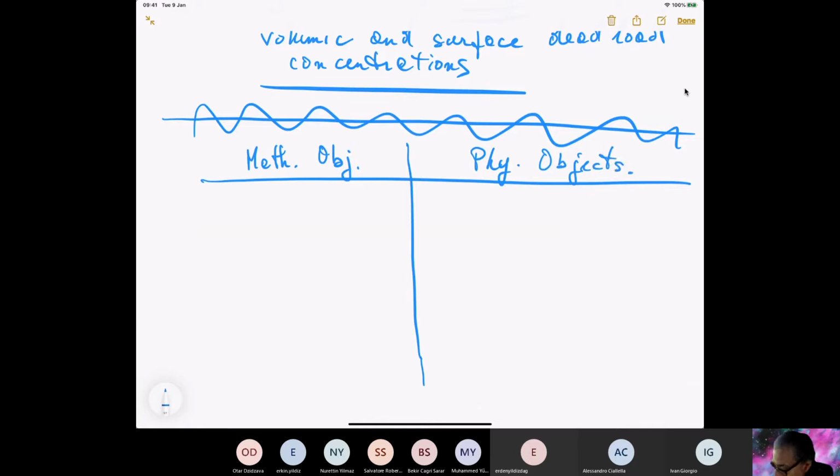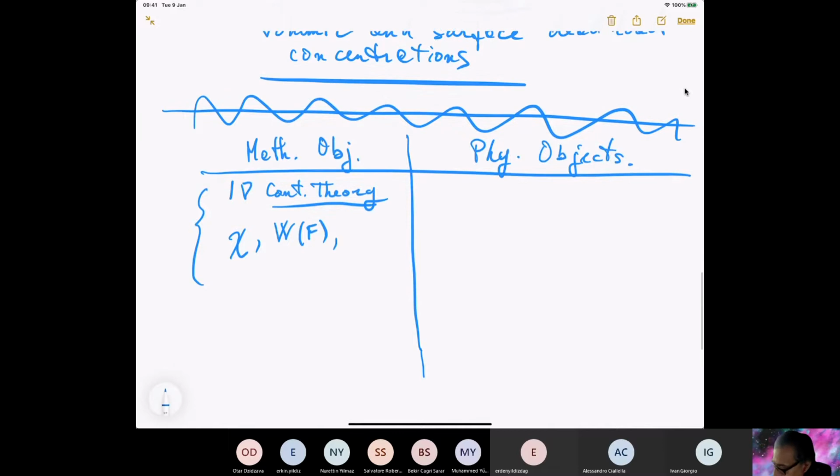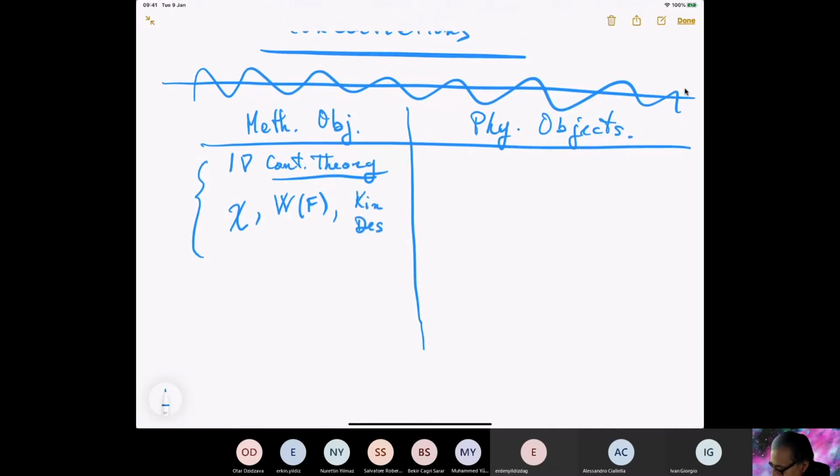So our theory, let us say first gradient continuum theory. The objects of our theory are displacement, the deformation energy W as a function of F. Then these are the kinematical descriptors, and this deformation energy is a constitutive equation.